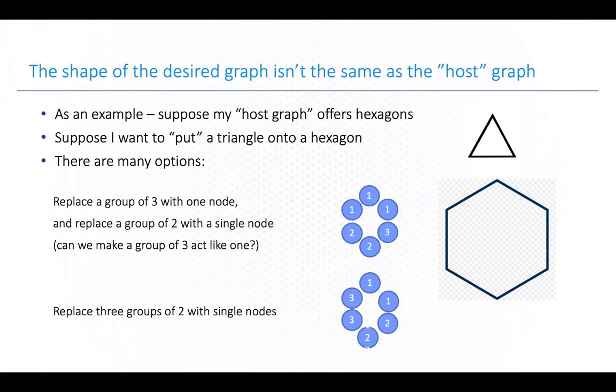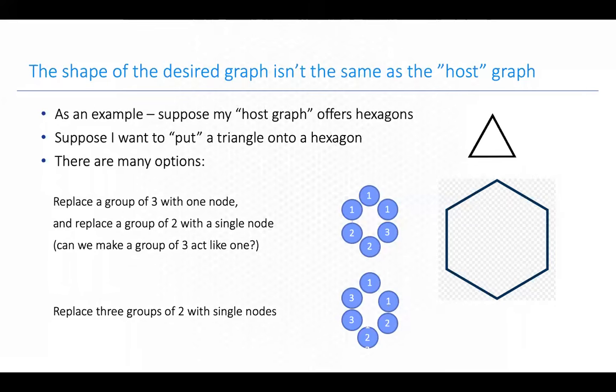Then the 2s behave like one, call it number 2, when they're bound in some way, and they behave like the left vertex. And then the number 3 is by itself and behaves as the right. In that way, it is said we have embedded a triangle onto a hexagon.